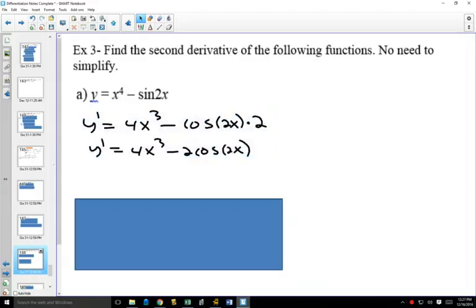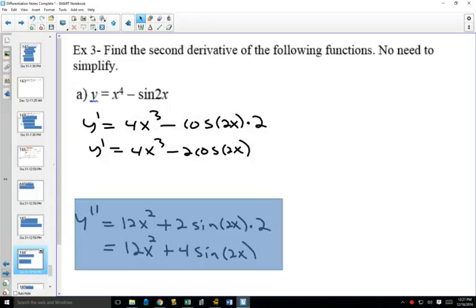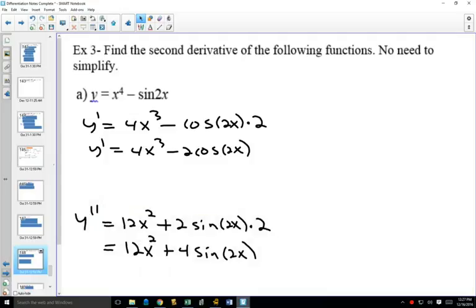We got our chain rule to begin with, and then chain rule again, and it keeps flip-flopping between sine and cos, sine and cos. So what happens on your final exam? They might say, what is the formula for the nth derivative?